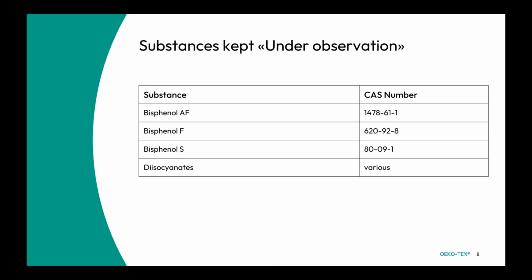There are some substances that require more analysis from us, which we are keeping under observation at the moment. Specifically, these are the bisphenols AF, F, and S, as well as certain diisocyanates.